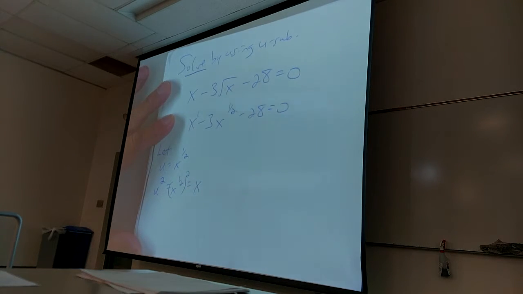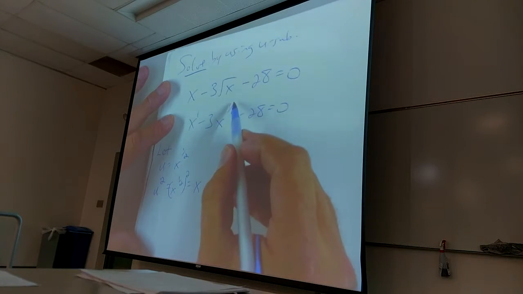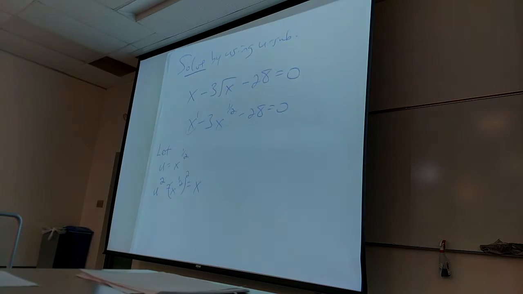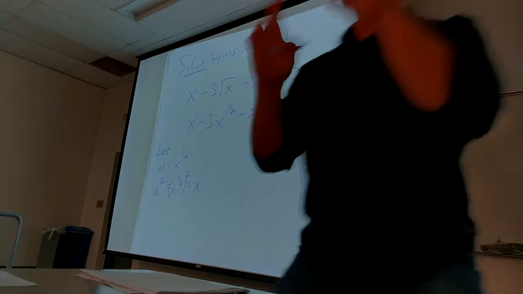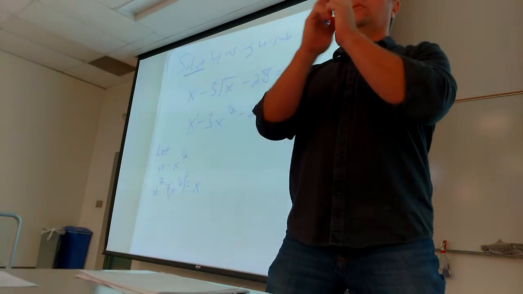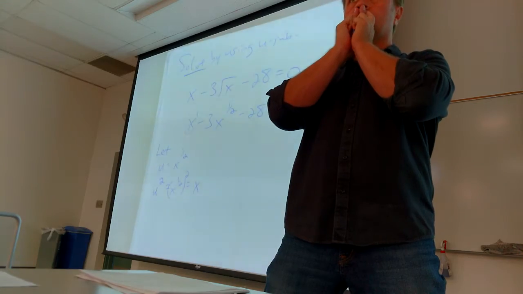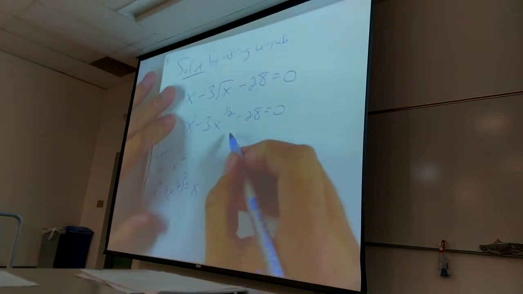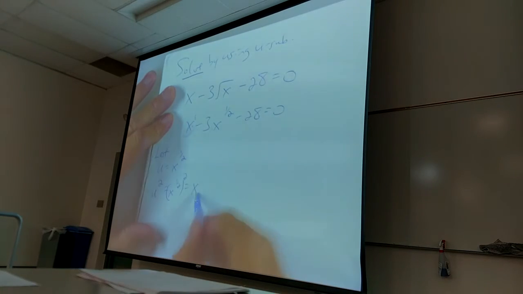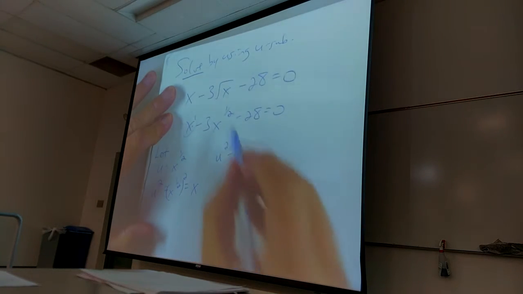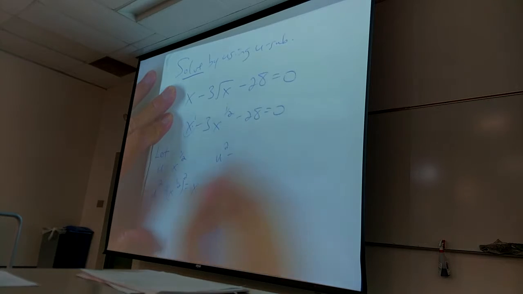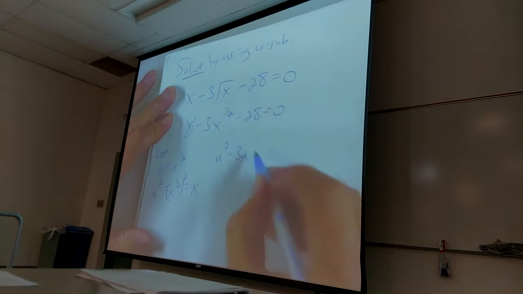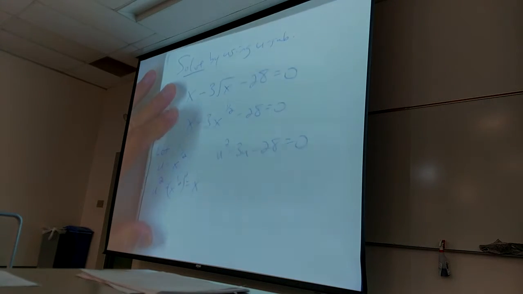X. So if I let the u be this, this will automatically be u squared, because I verified that the middle one was half the first guy. Okay. So how can I rewrite this now so it looks a lot better for me? X is u squared. X to the 1/2 is u. And 28 is still 28, thank God.